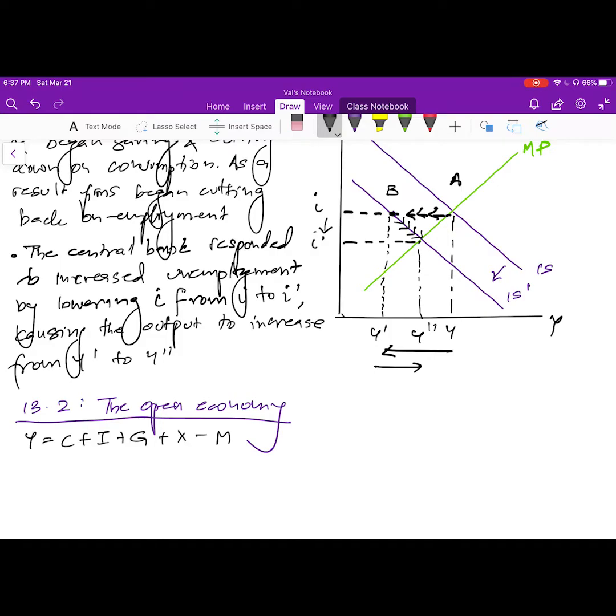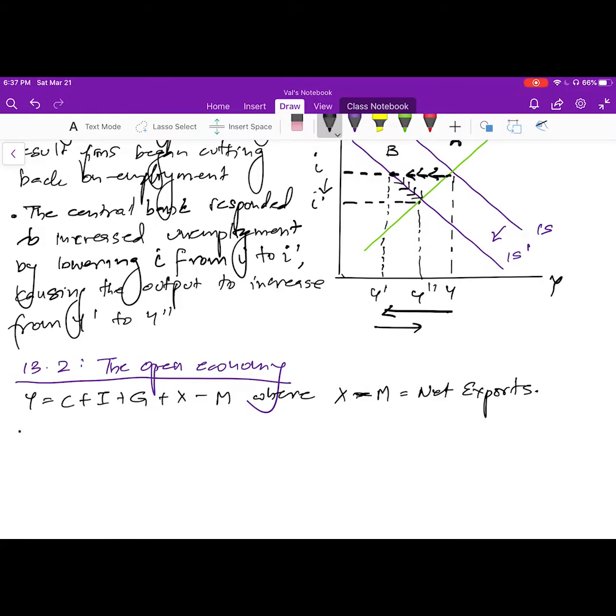So output is made up of essentially X minus M, and X minus M equals net exports.